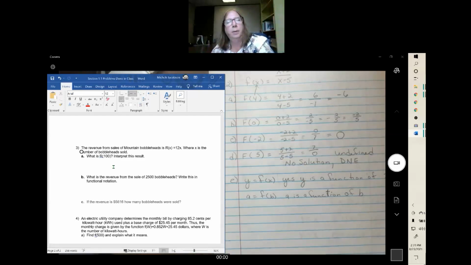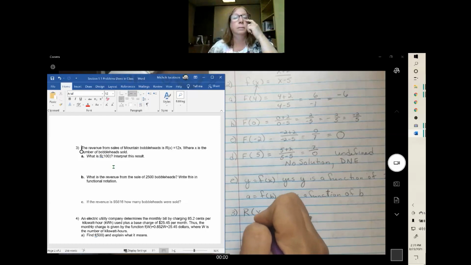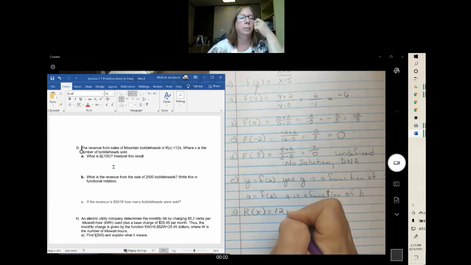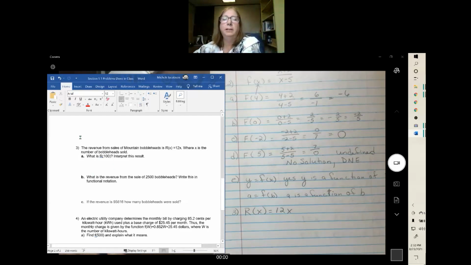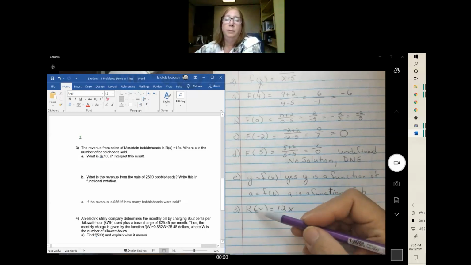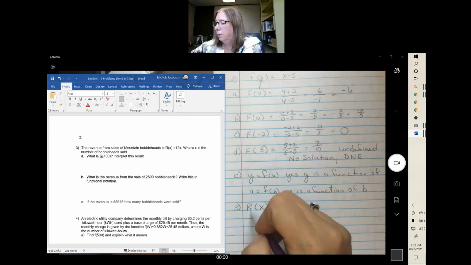The revenue from sales of mountain men bobbleheads is R of x equals 12x, where x is the number of bobbleheads sold. Now, a lot of times when you're working with a function, using a variable that helps you know what it is is a good idea. R is revenue.